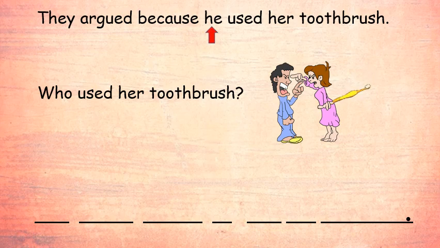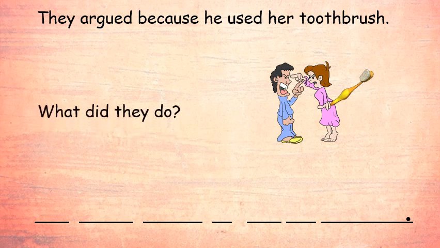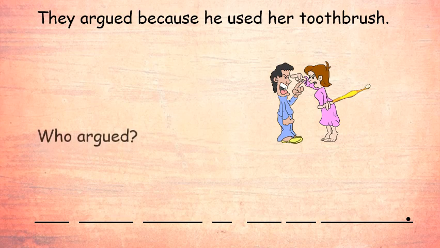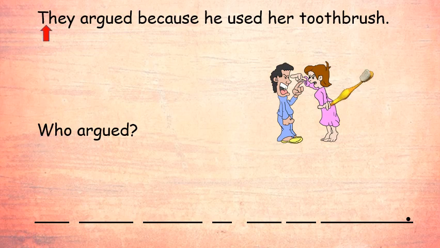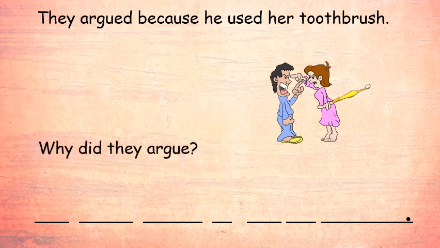He did. What did they do? They argued. Who argued? They did. Why did they argue? Because he used her toothbrush.